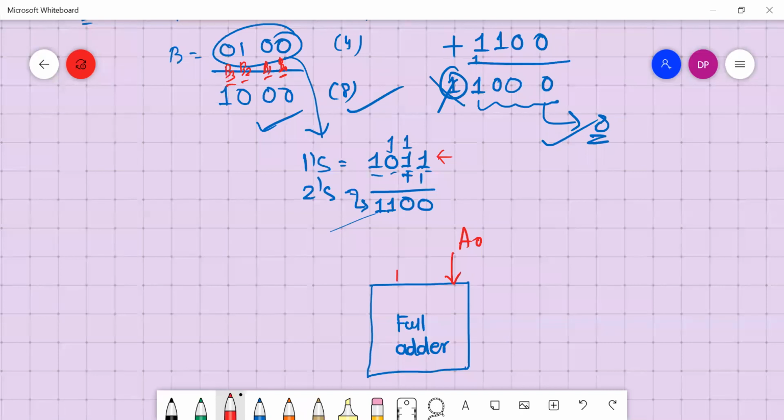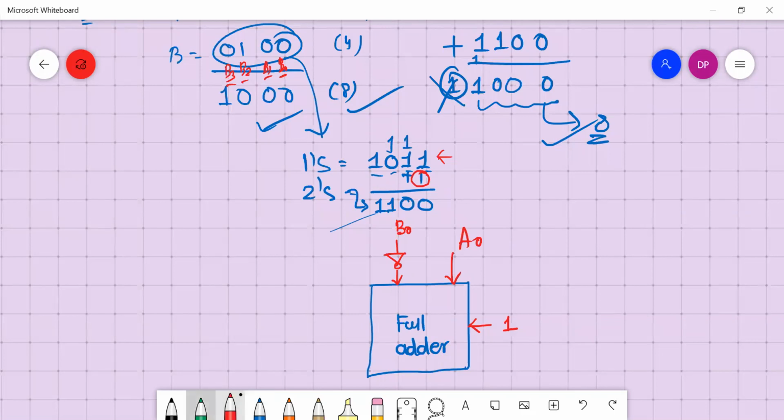The other input I give is not B0, inverted B0, right? And I give the previous carry for the first adder as 1. I fix it as 1. So what will it perform?